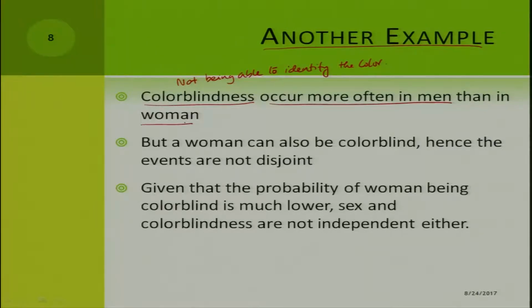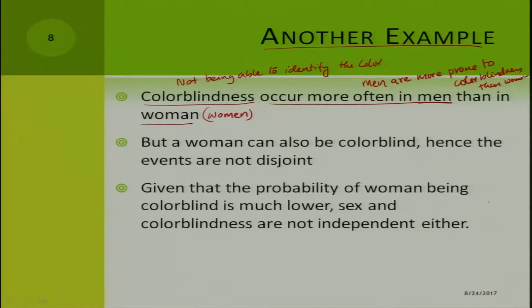I apologize. The best way to say this is men are more prone to color blindness than women. All right.